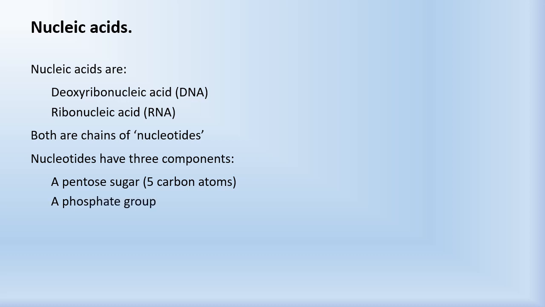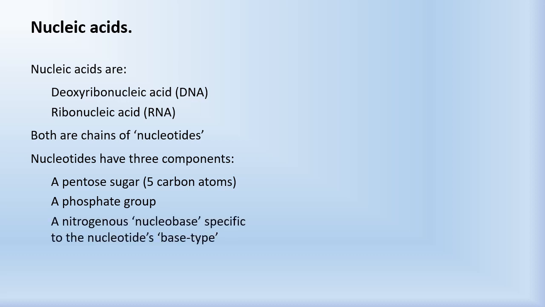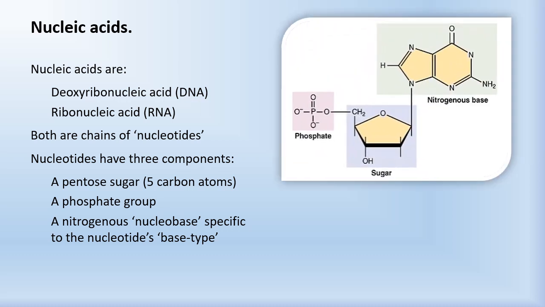They also contain a phosphate group and a nitrogenous nucleobase, and this is specific to the nucleotide's base type. Look at the diagram and identify the three parts.